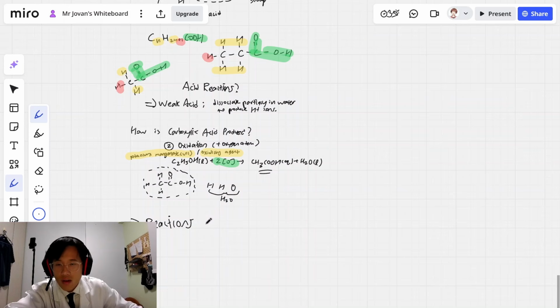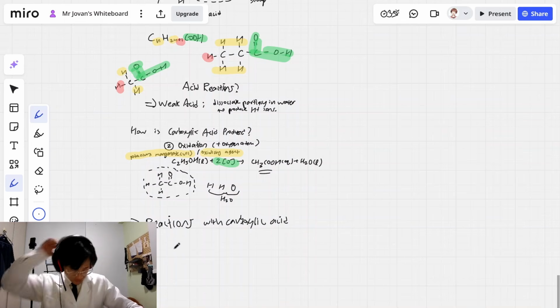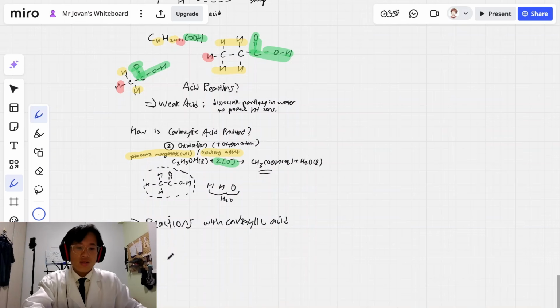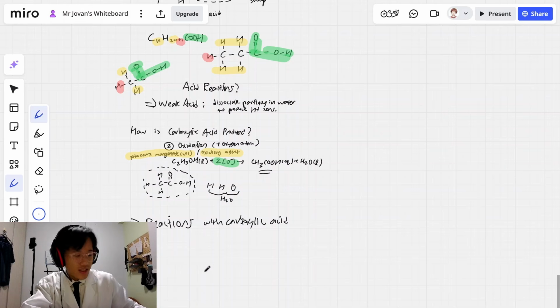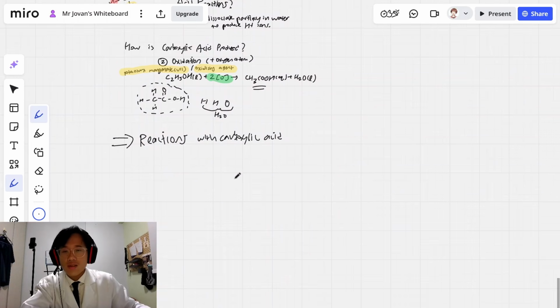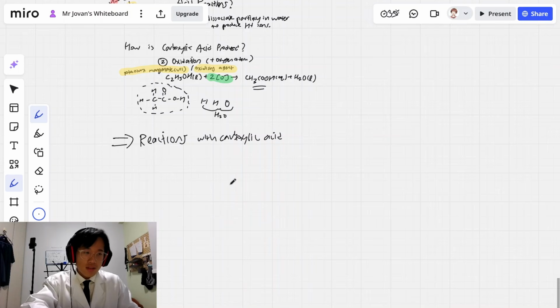Okay, hold on. Reactions with carboxylic acid. Let's look at what the reactions with carboxylic acid are. We know that the basic acid reactions are one of them, but there is more.